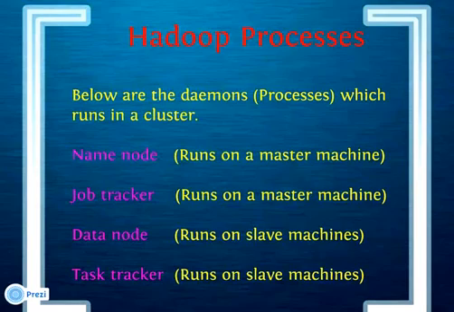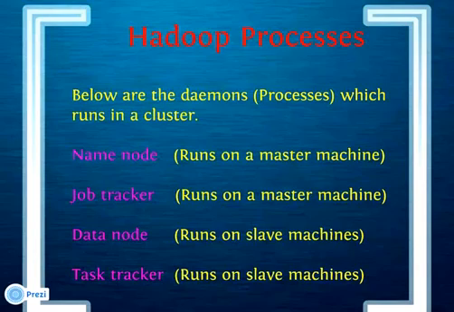The next process is data node, which is running on slave machines, every slave machine. So you can say that data node and name node both look correlated. Yes, they are related because both processes are working for your storage part only, with the difference that name node is running on the master machine and data node is running on slaves.